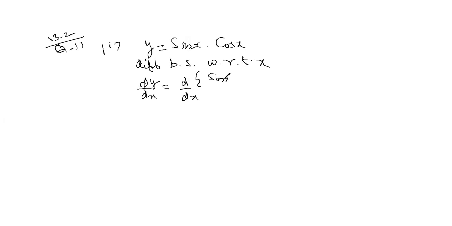So they are in product. We will leave the first function sin x and differentiate the second function, d by dx of cos x, plus leaving cos x, the differential d by dx of sin x.